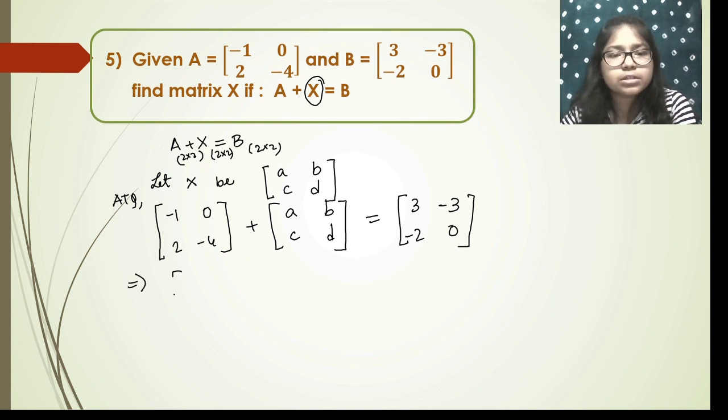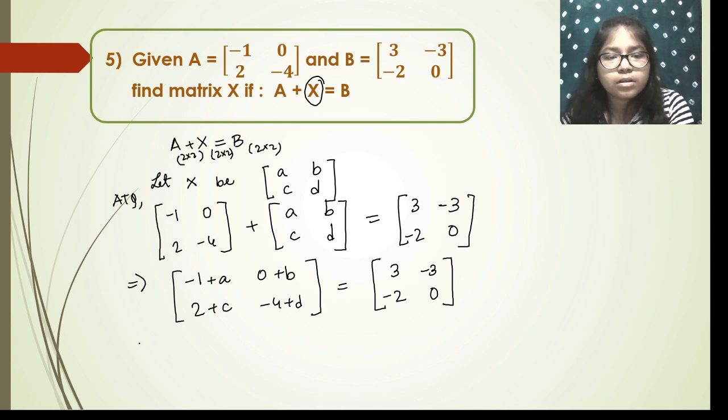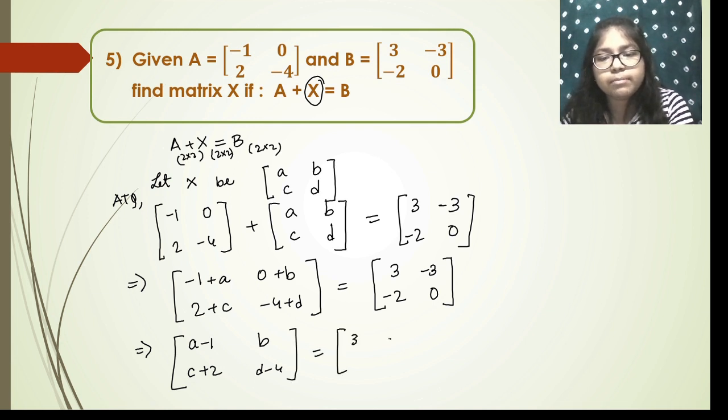Now form the equation. Add the corresponding elements. Minus 1 plus A, 0 plus B, 2 plus C, minus 4 plus D equals to 3, minus 3, minus 2, 0. That is A minus 1, B, C plus 2, D minus 4, equals 3, minus 3, minus 2, 0.